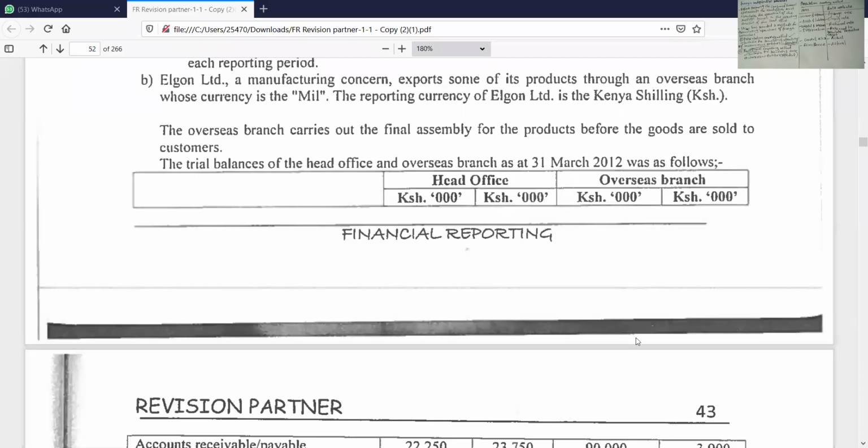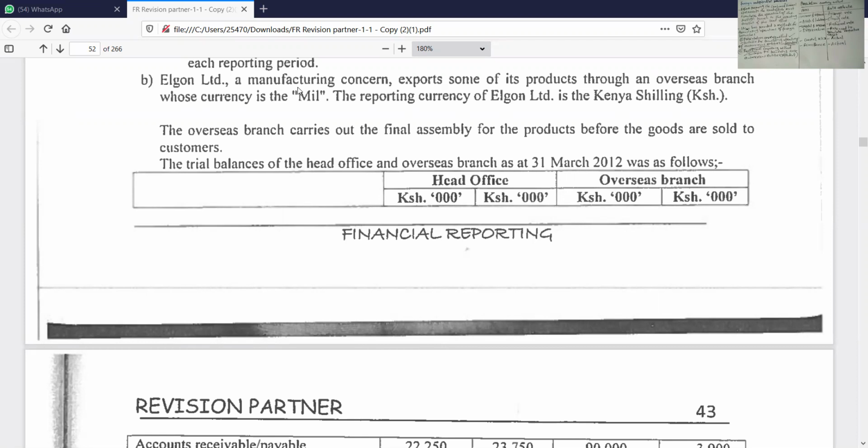So this is the question for 2012. It starts at this point where they say Erigon Limited, a manufacturing concern, exports some of its products through an overseas branch whose currency is the milli. The reporting currency of Erigon is Kenyan shillings. The overseas branch carries out the final assembly for the products before the goods are sold to customers.